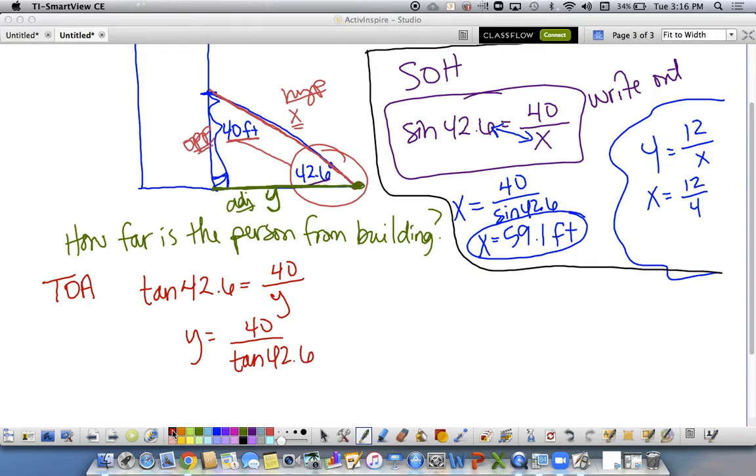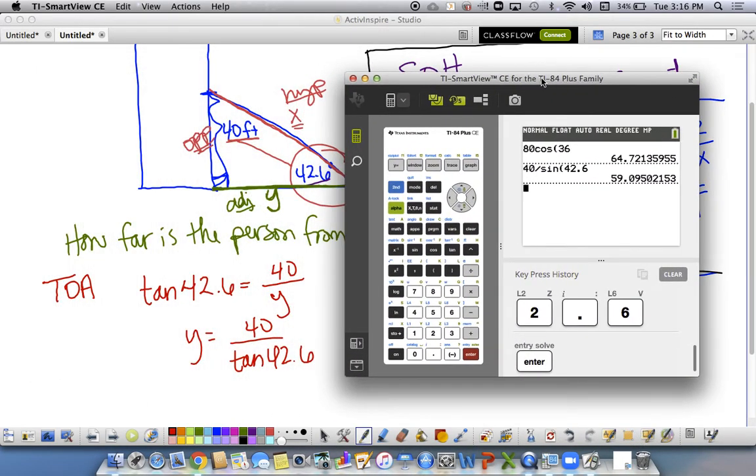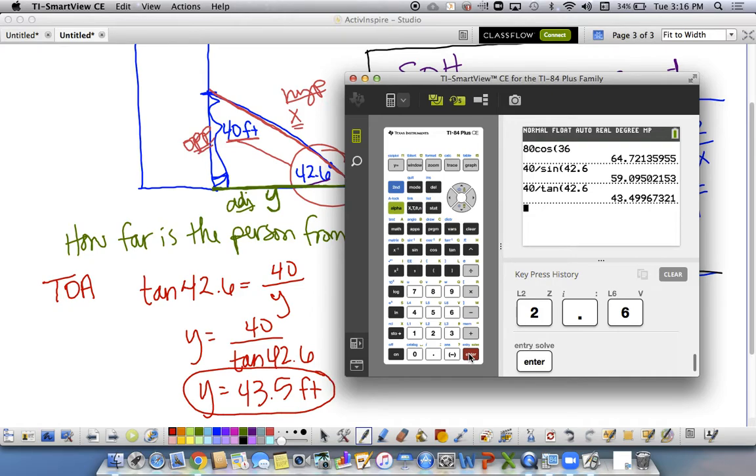I'm going to pull my calculator back up, scoot it over. So I'm going to divide 40 by tangent of 42.6. Are we done? It's 43.4995, etc. Y would be approximately 43.4995 feet. That means the person is approximately 43.5 feet away from the building.